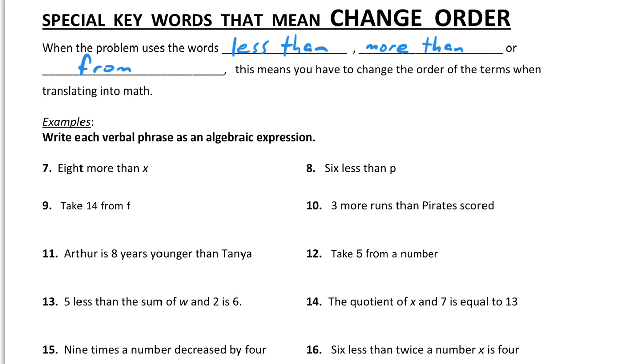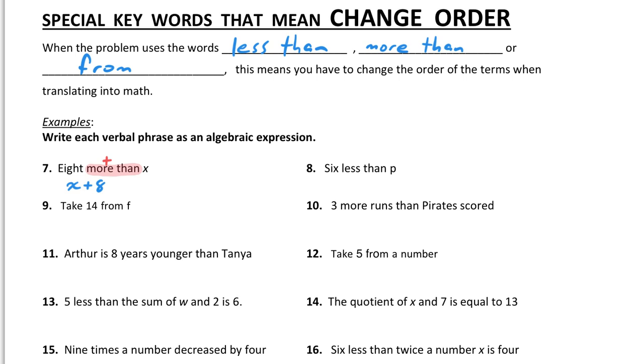So my first step is to highlight these key terms here, these key words. More than means adding. So I'm going to put a plus sign above it, and I'm going to do a different color for the actual expression. So I'm reversing the x and the 8. We have x plus 8, and that's the expression. We have 8 more than x.